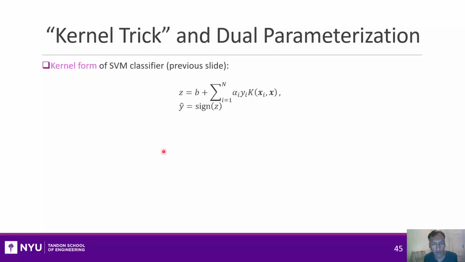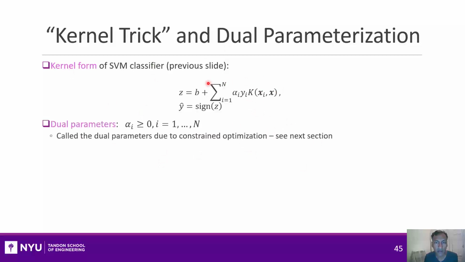Let me mention something called the kernel trick. So this is the kernel form of the classifier from the previous slide. And what we see here is that the classifier is parameterized by these values alpha. These values are typically called the dual parameters because of their relation to optimization, which again you can look in the notes to get more details.